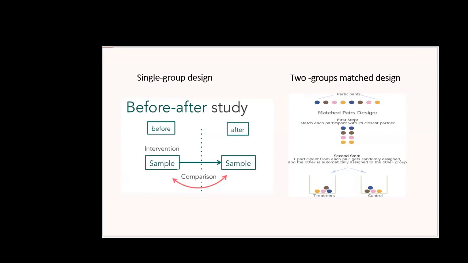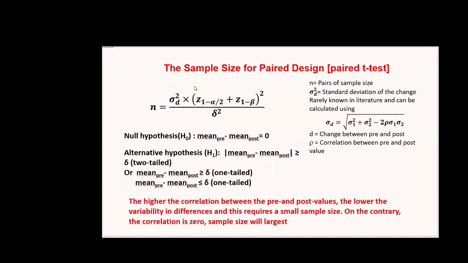Now we come to how to calculate the sample size for the one group before and after study. This is the formula for calculating the sample size for the pair design for a continuous variable. For a continuous variable, we need the standard deviation of change, that is the standard deviation of D, meaning the standard deviation of the change, before minus after.